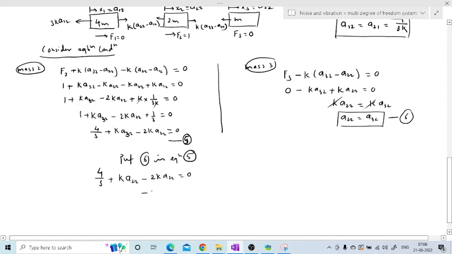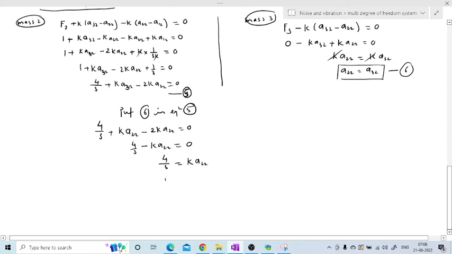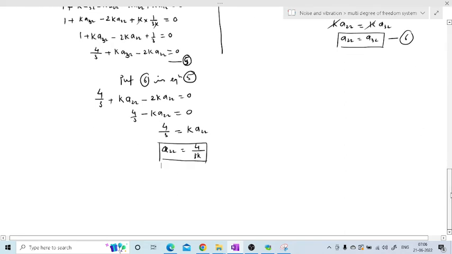This term will become minus K A22, plus 4 by 3 will be equal to 0. So 4 by 3 will be equal to K A22. So transfer this K on the other side. So A22 will become 4 by 3k. But from equation 6, A22 is equal to A32 is equal to 4 by 3k.